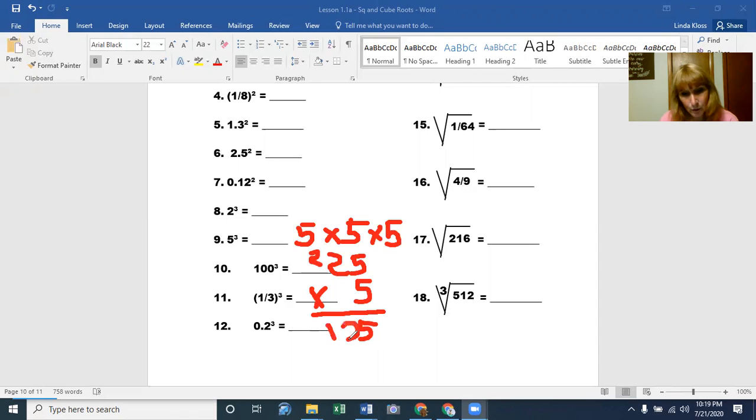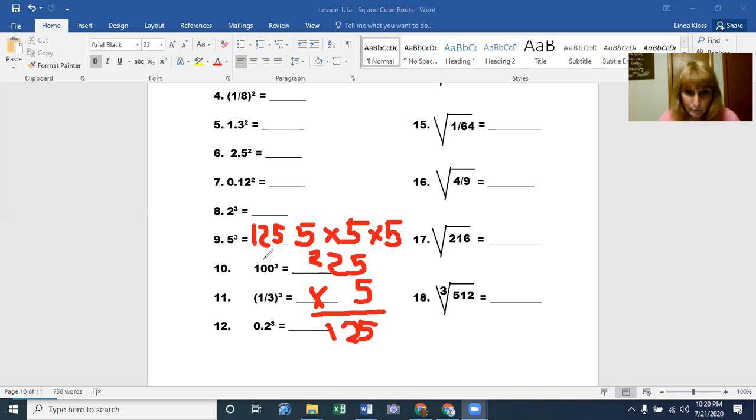So 5 to the third power is 125. And after working with these for a bit now in this unit, it's going to become easier and more familiar, and you'll be able to quickly recognize 125, the cube root of it is 5, or 5 to the third power is equal to 125. You'll start getting to recognize that.